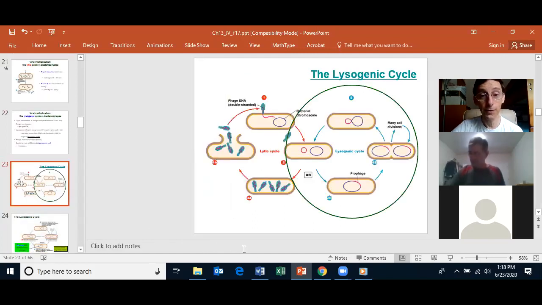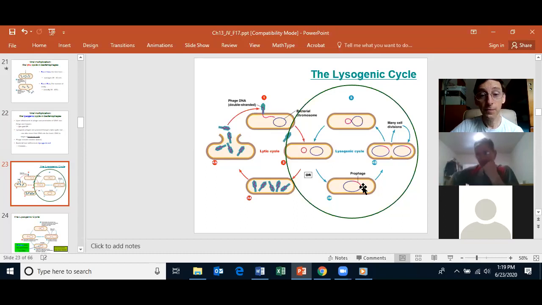Let's look at that in a little more detail. So the lysogenic virus infects this host cell, and immediately it decides, does it enter the lytic life cycle, or does it enter the lysogenic life cycle? I've already talked about the lytic life cycle. It's just the same thing we referred to. But if it enters the lysogenic life cycle, the viral DNA integrates into the host chromosome, and it's called the prophage.